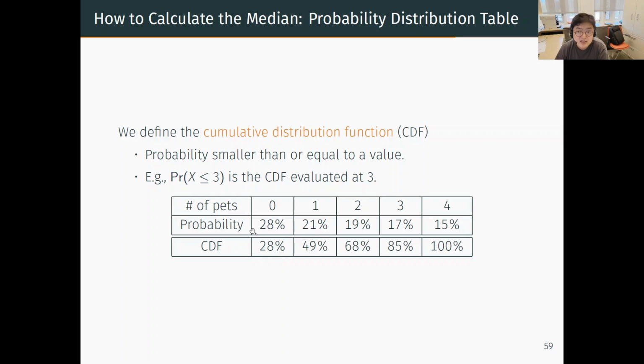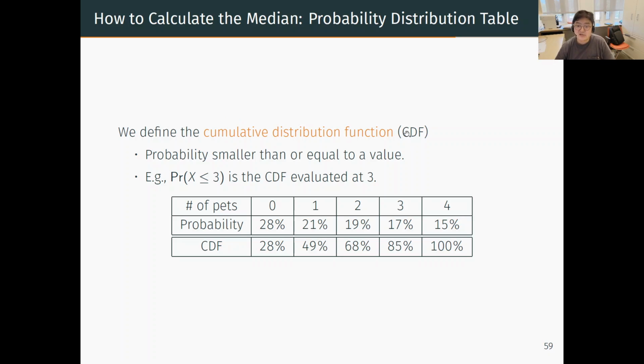So calculate from the smallest possible outcome up to 1, right? Include these two. And at value 2, you accumulate 3 probabilities, 28 plus 21 plus 19. Like that, you are adding one more probability as you move to the right. And in the end, the biggest outcome will have all probability, so it should be 100%. That is cumulative probability, and we call this the cumulative distribution function, which is CDF.